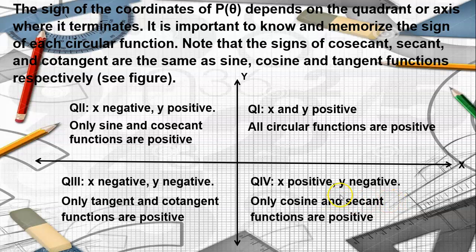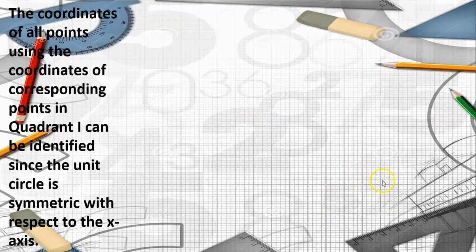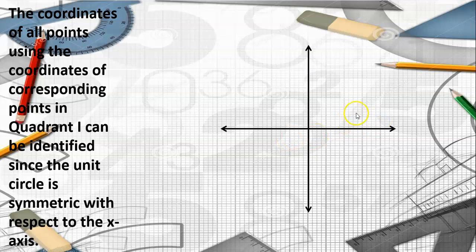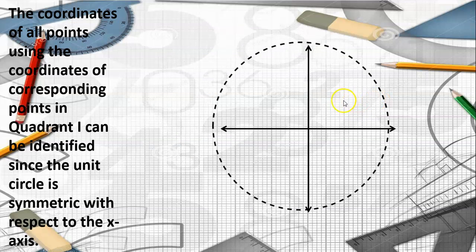The coordinates of all the points can be identified using the coordinates of corresponding points in quadrant 1, since the unit circle is symmetric with respect to the x-axis. So we have here our figure.